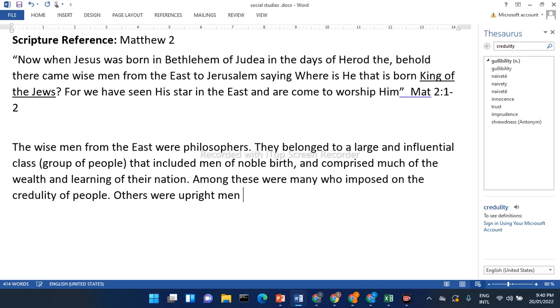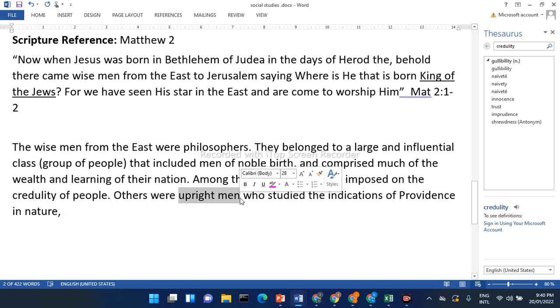Upright men who studied the indications of providence in nature. So these were men who studied nature. They were upright, so they were the more honest ones, the more noble ones. You had this entire sect of wise men from the east, who were philosophers and rich and smart people.